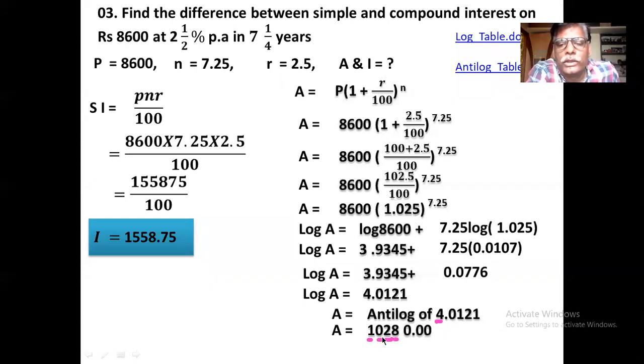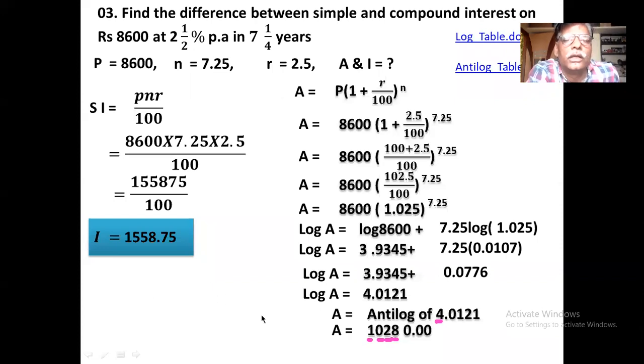So 10 to 8, I give 1 0 and thereafter put the decimal point. Answer is 10,280. If characteristic is 4, you make the 5-digit number. If characteristic is 2, you make the 3-digit number. Remember this. I think you all studied this in your third semester logarithm.